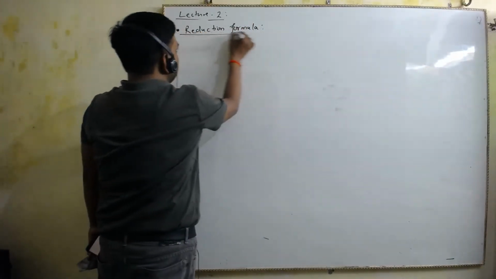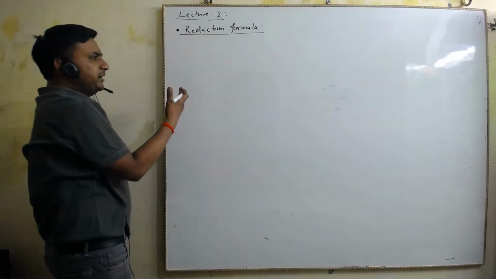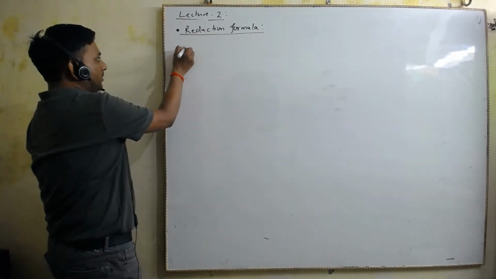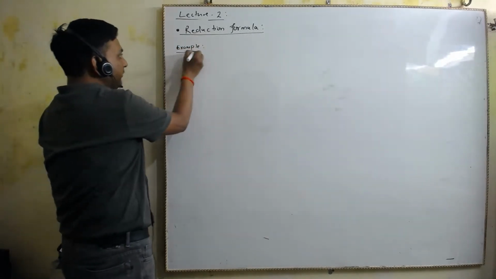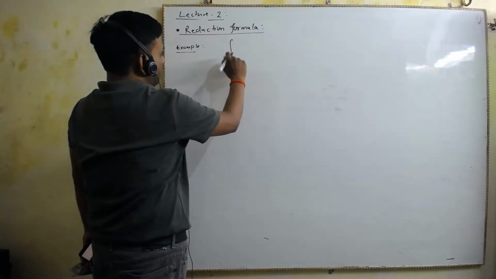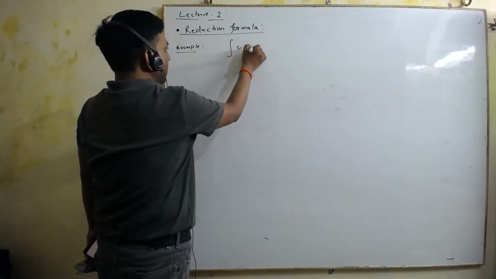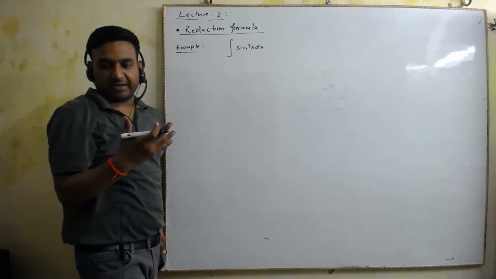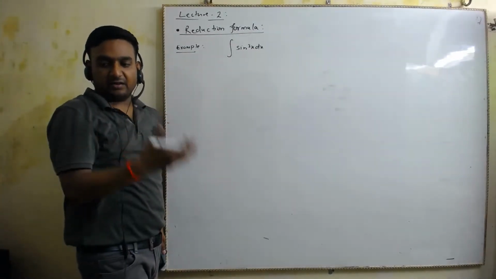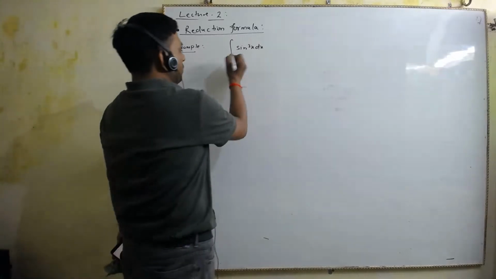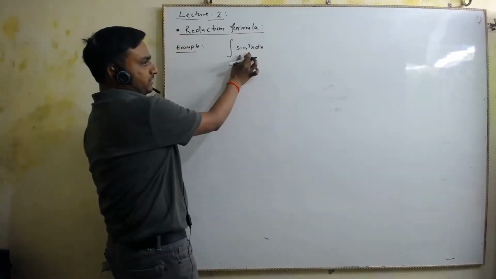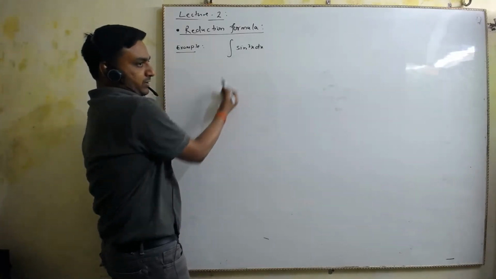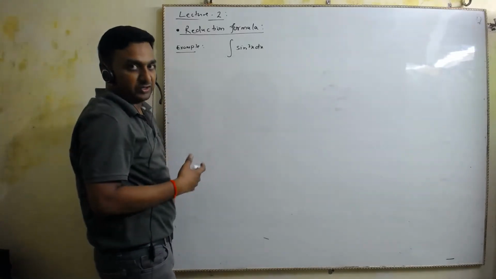What is the intention behind those? For example, if you want to know the integral of sine cube x, the limit may be anything. I am out of the definite integral properties, and we are on another subtopic. If you have some integration like this, how do you deal with such integrations when you have higher powers over the functions, trigonometric especially?